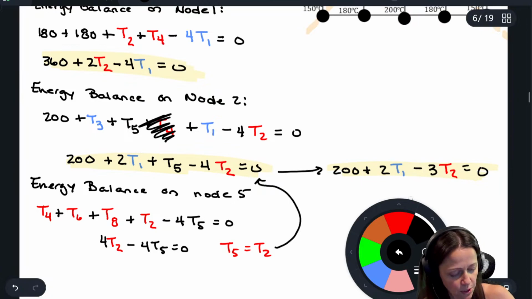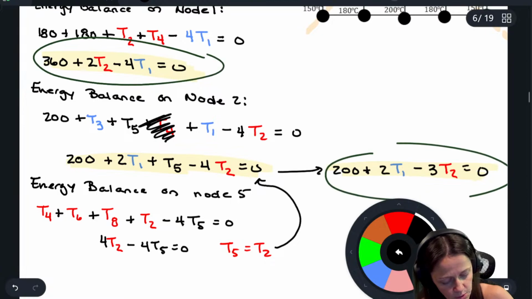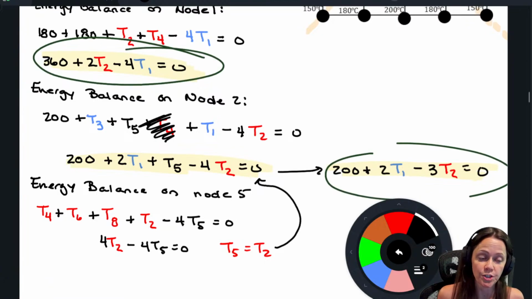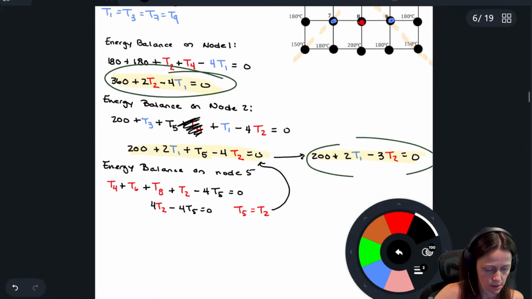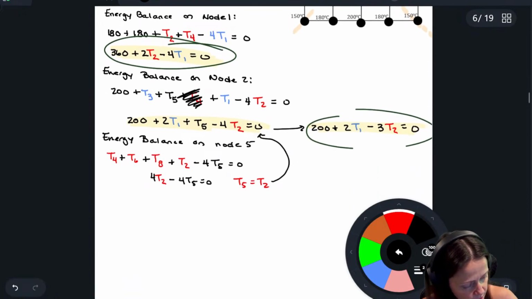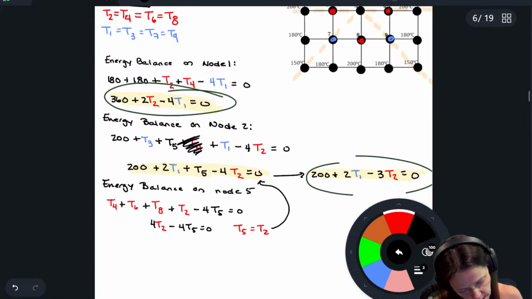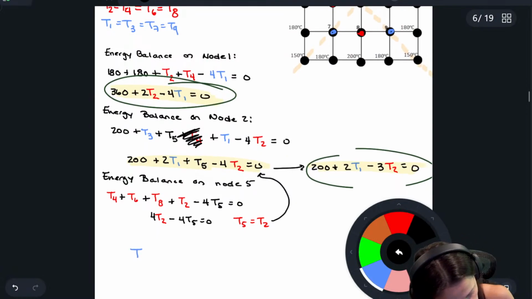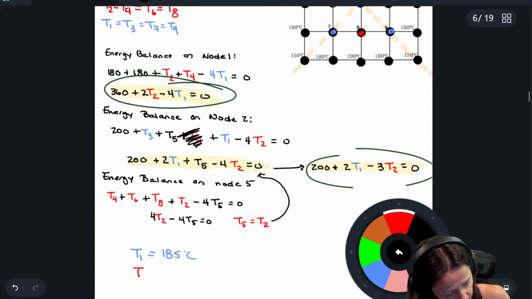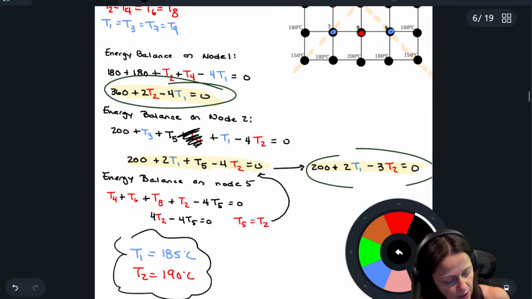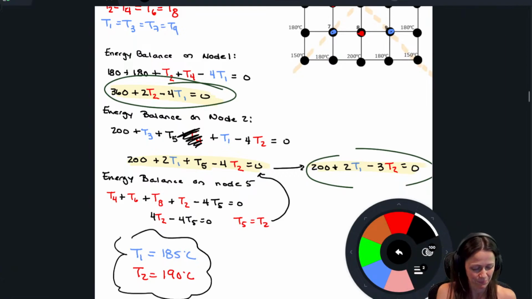All right, so I would combine this one and this one. 2 equations, 2 unknowns, and I could get what T1 is and T2. So I've got a T1 of 185 degrees Celsius, and then I get a T2 of 190. There we go. And that really just solves for everything because there were only 2 temperatures to worry about.